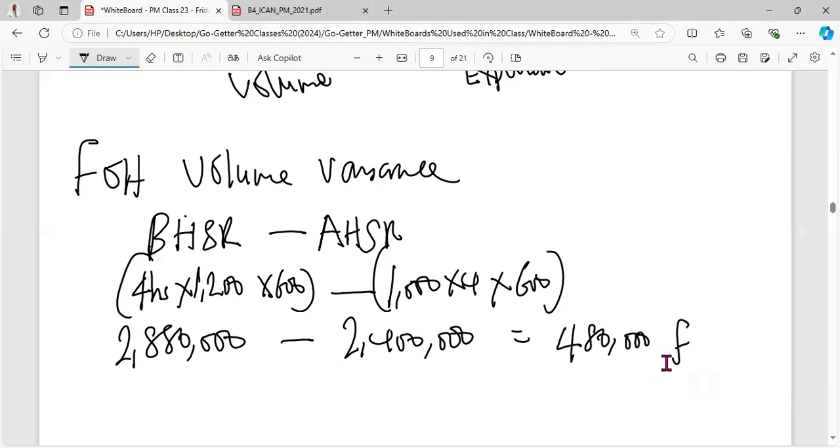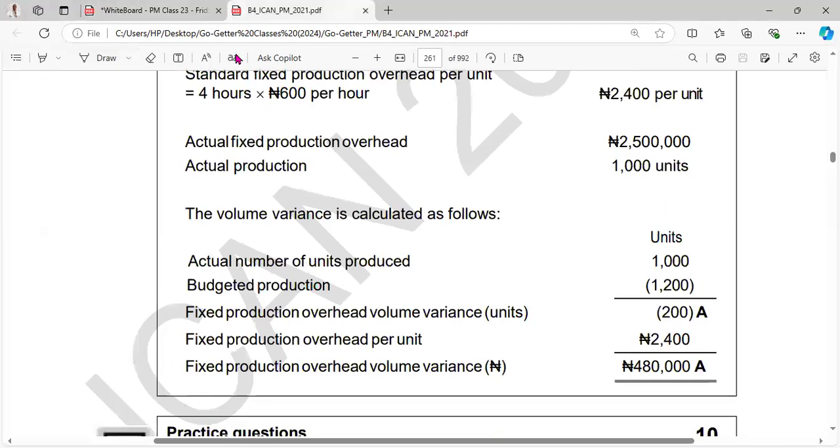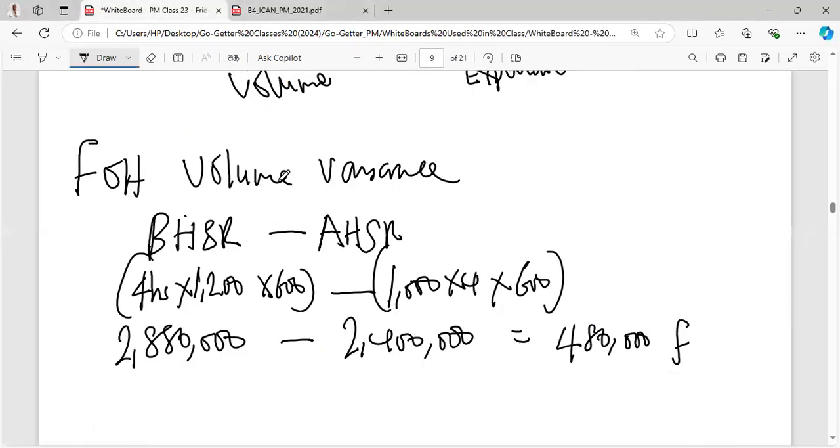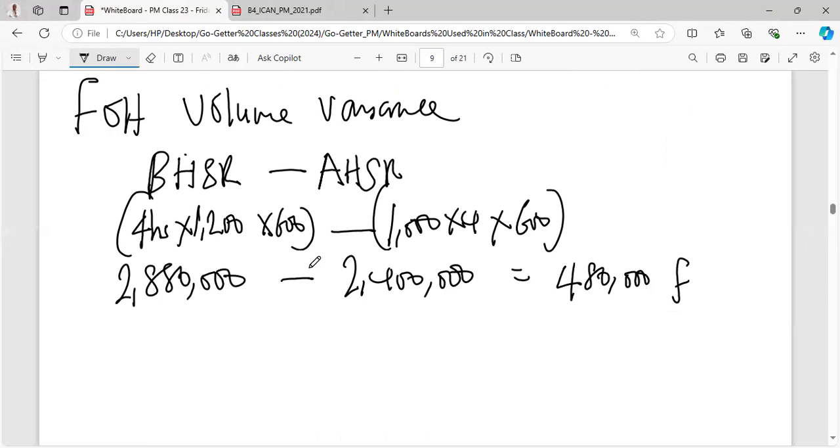Oh, it's adverse. How did we get that? Sorry, we have interchanged it. So this is actual hours at standard rate, budgeted hours at standard rate.